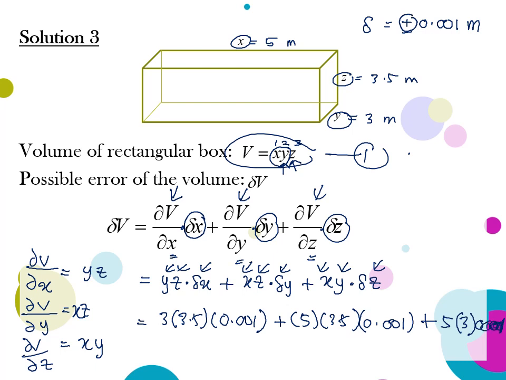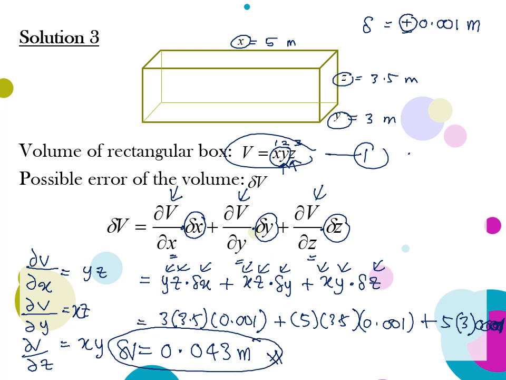Then perform the calculation. That will give you 0.043 meter. So this is your del V, the increment for the overall volume.